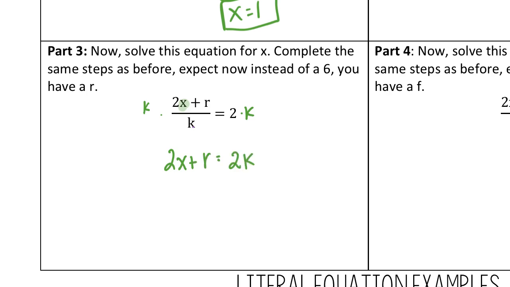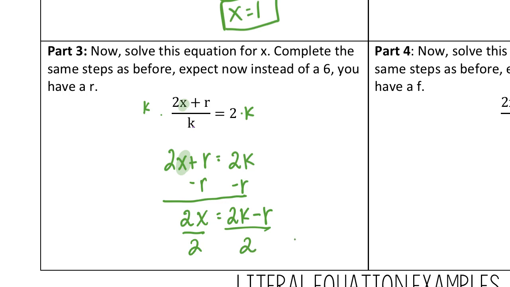If we still want to get this x alone, we're going to subtract r. So we have 2x equals 2k minus r. And then if we want to get x alone, to get rid of that 2 out in front, we divide by 2. So we get x equals 2k minus r, all divided by 2.